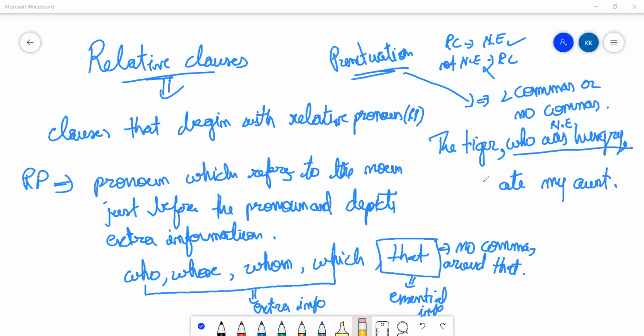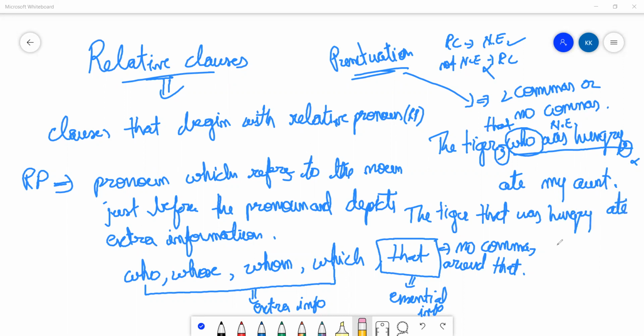What you can do is you can simply remove these both commas, because we have the rule of 2 commas or no commas, and replace this who with that. So the sentence will become: the tiger that was hungry ate my aunt earlier today. Understood my point?